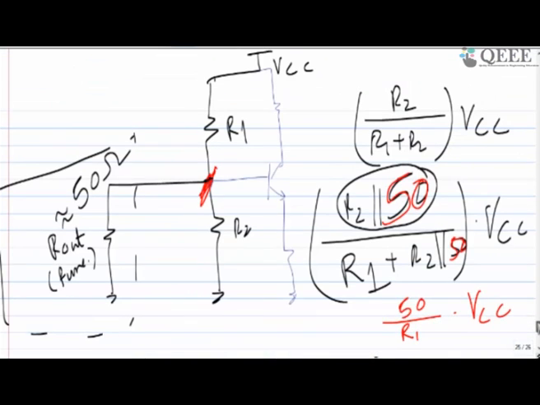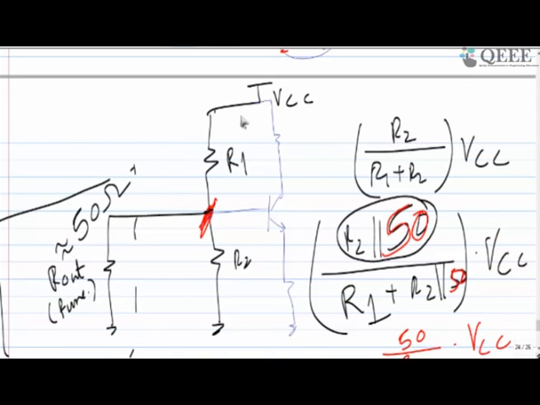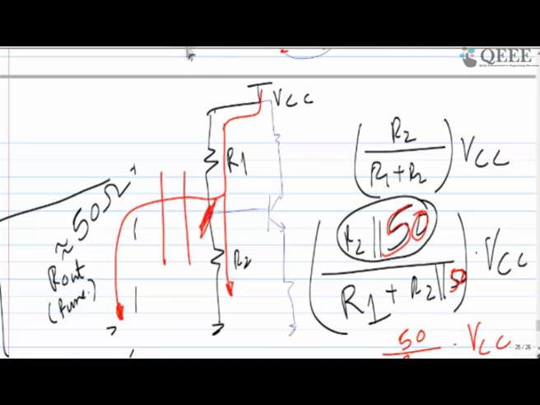So my point is, in reality, the current flow is actually divided on this side. Actually one current was also going this side, but I assumed that current is not going. So there is current sharing between R2 and 50. I don't want that. The DC current which is coming from the top, what I can do, I put a big capacitor here and I block that current.